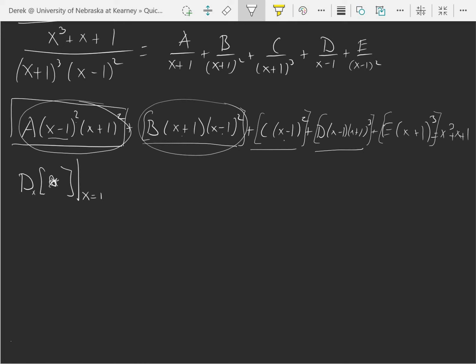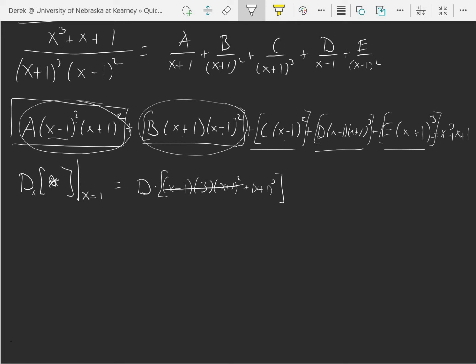The derivatives that I'll have to worry about here are these two, and so this will equal the derivative of the d piece, so d times, this is not d sub x, this is my variable d here, and then I get to use the product rule, so I've got x minus 1 times 3 times x plus 1 squared, which will go to 0, plus x plus 1 cubed.